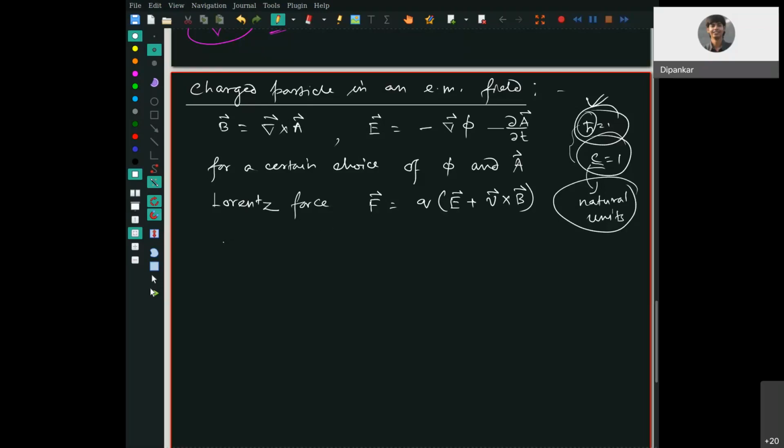So let me write down the equation of motion here.